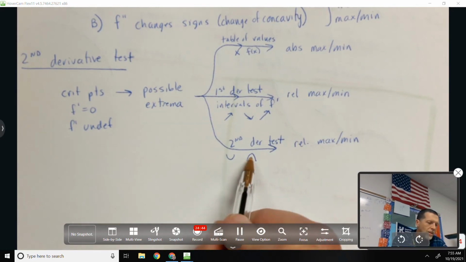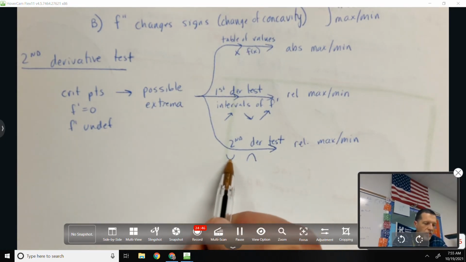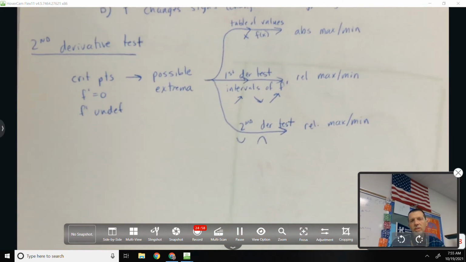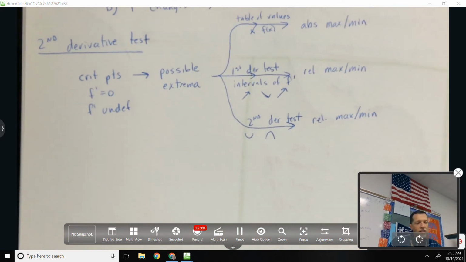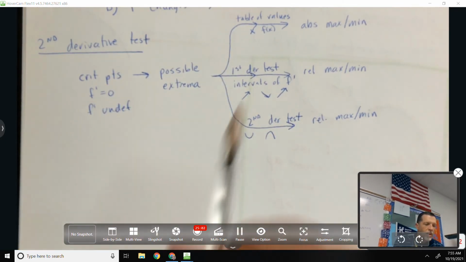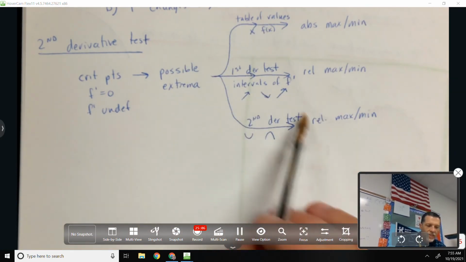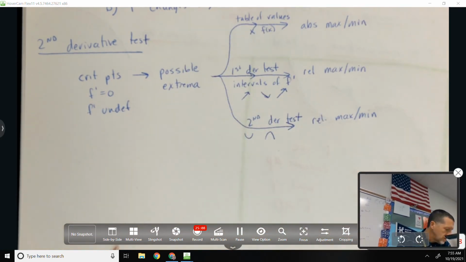But even just drawing the picture, you can see if something's concave up, it's probably got, is that a max or a min? That's a min. If something's concave down, it's got a max. So that's sort of what's going on with the second derivative test. So that's the big picture view of where we've been, and what we're doing today is the second derivative test.